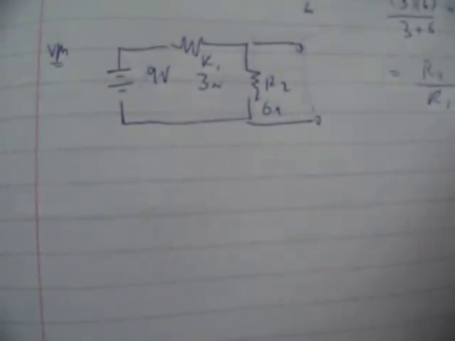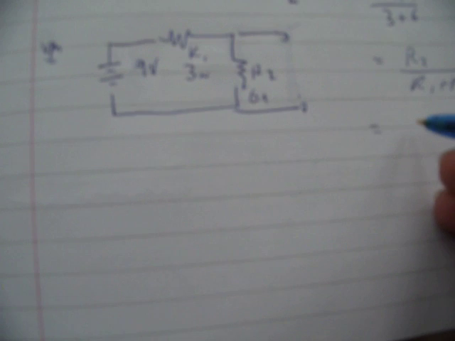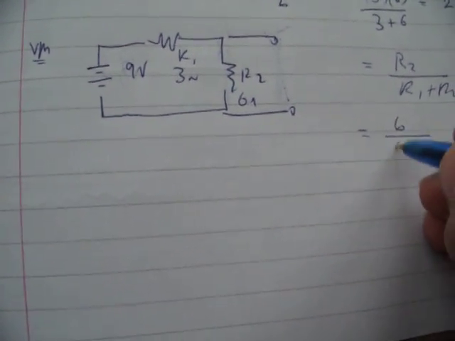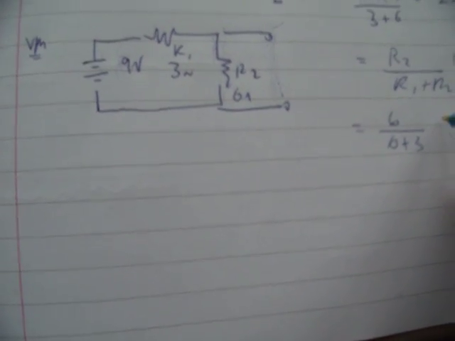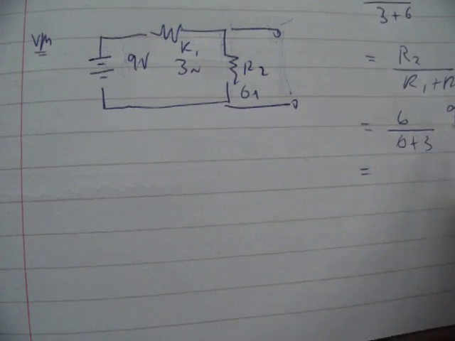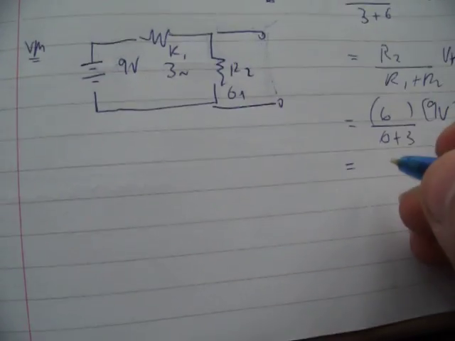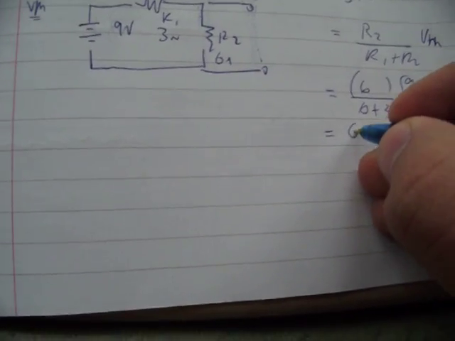It is R2 over R1 plus R2 times V. How do you find it? It's 6 over 6 plus 3 times 9 volts. So the answer, if you type it in the calculator, is 6 volts.